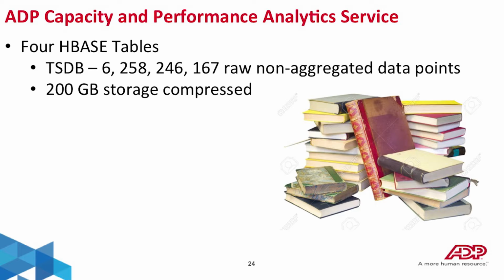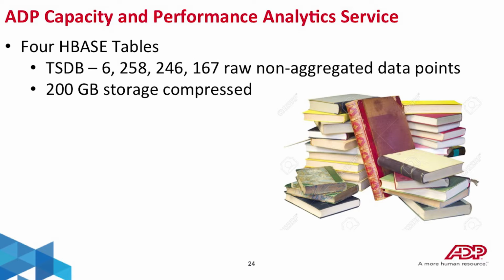Okay. So there are 4 HBase tables. We have 6,258,000, I'm not going to go through the others, aggregated raw, non-aggregated data series. It's actually 200 gigabytes last time, compressed with LZO. It's really small, and we save a lot of space doing this.